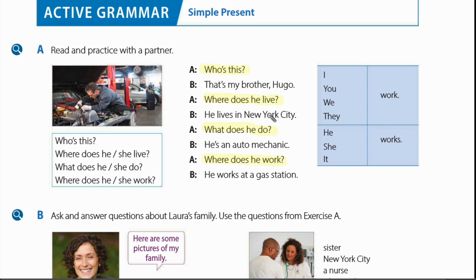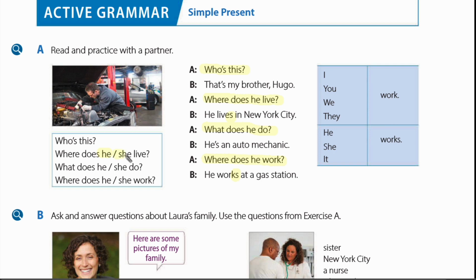And for the answers, you have this one here, but then the rest is like, what do they do? If you ask where someone lives, you say he lives or she lives, and then you use the S after the verb. He works, okay, at a gas station. So basically, this is the question. Who's this? Where does he or she live? For a man, you use he.